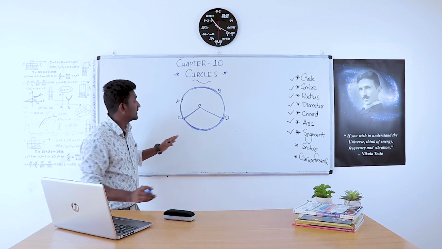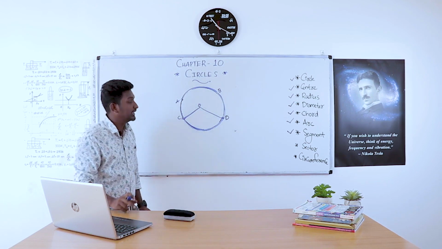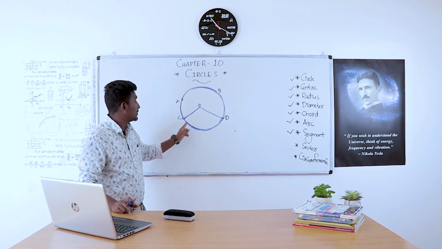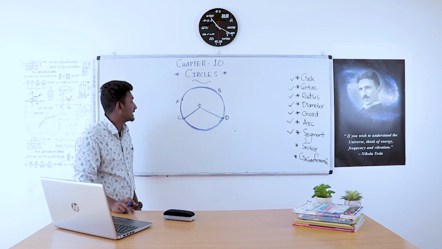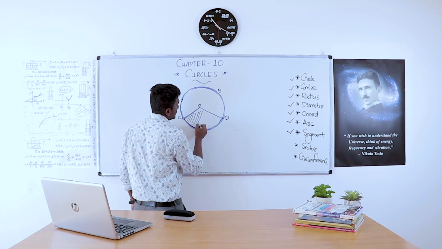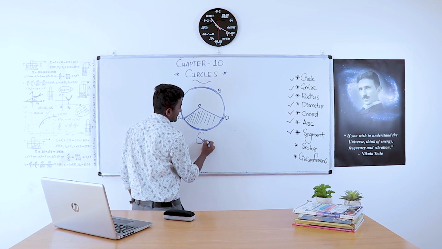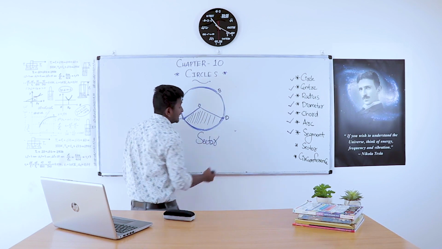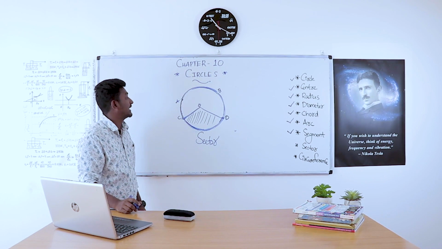Now, when the end points of an arc are joined to the radii of the circle, then we get a region, and the name of the region is called sector. In sector also, there is major sector and minor sector.